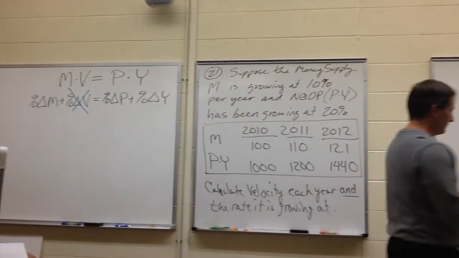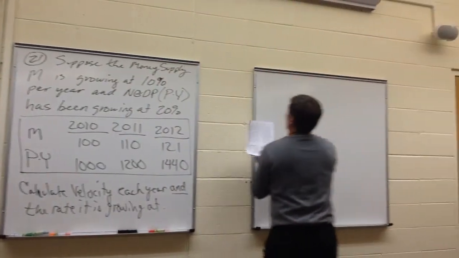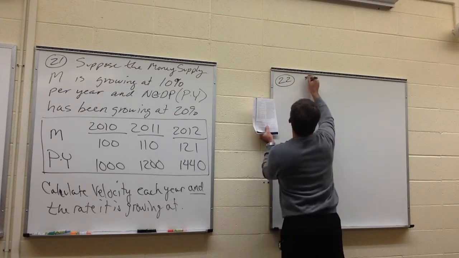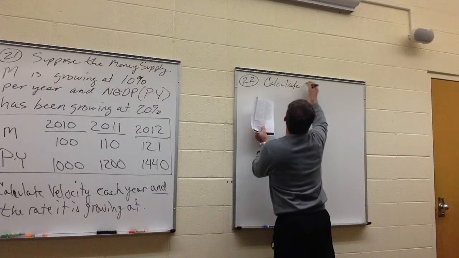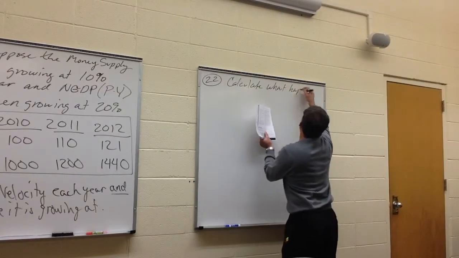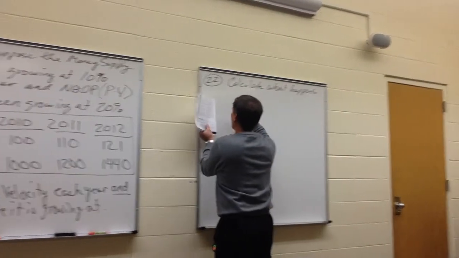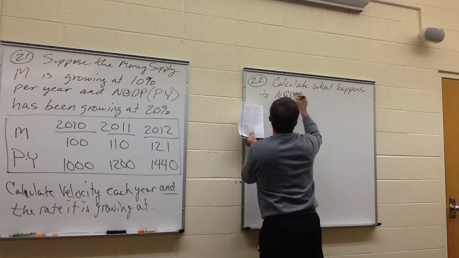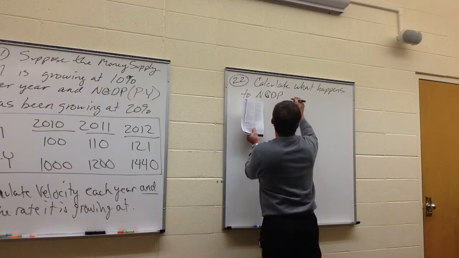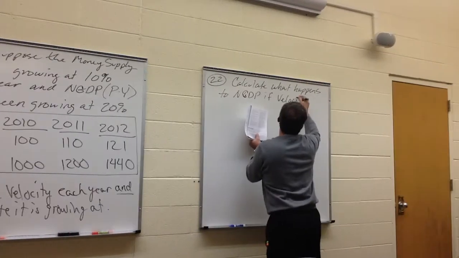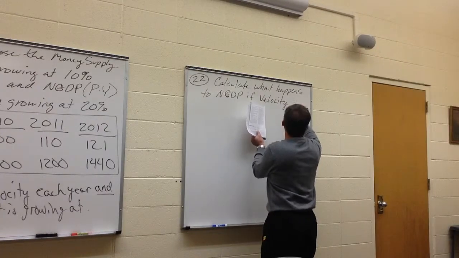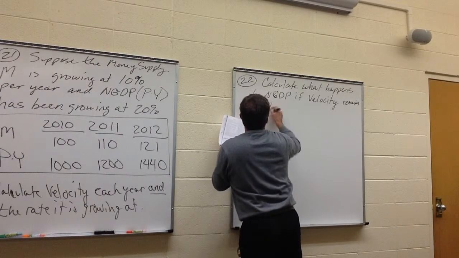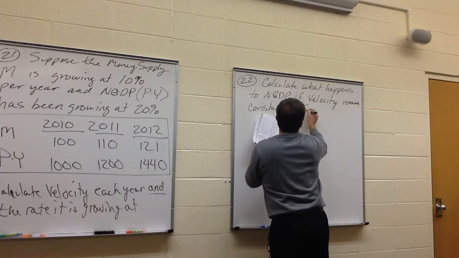The only example we have isn't valid for the problem. We're going to do another one here. Calculate what happens to nominal GDP. You're right, because I want you to know that these don't work together if velocity remains constant at 5.